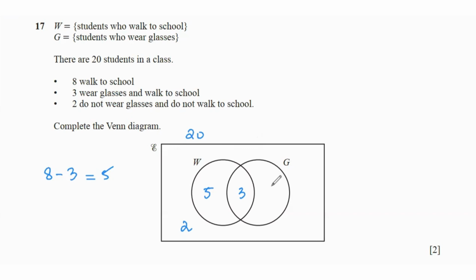So to find the people who just wear glasses, we will subtract 5, 3, and 2 from 20. And that's going to give us 10. So 10 people only wear glasses. And that is your complete Venn diagram.